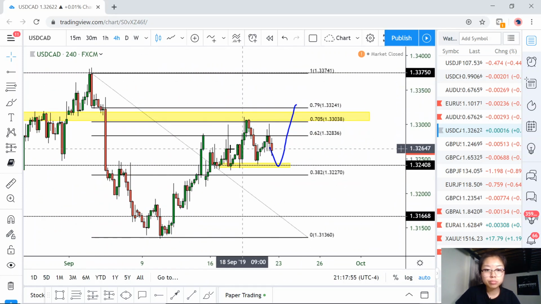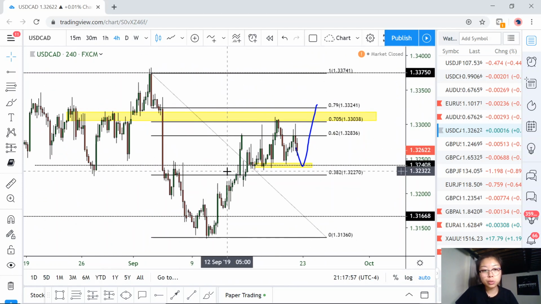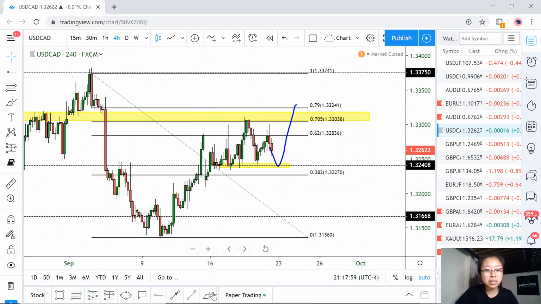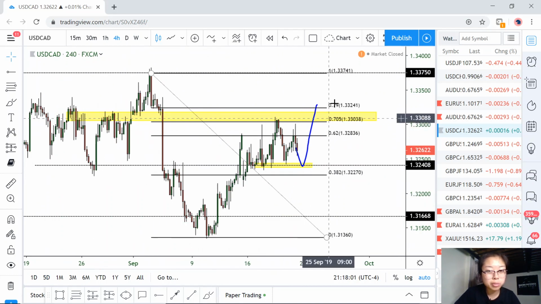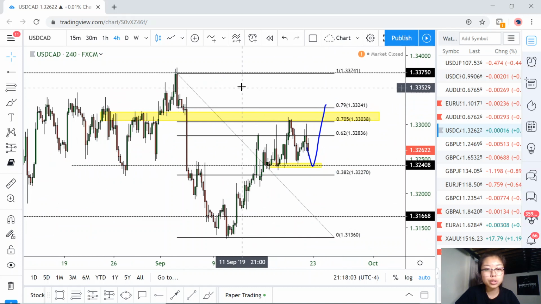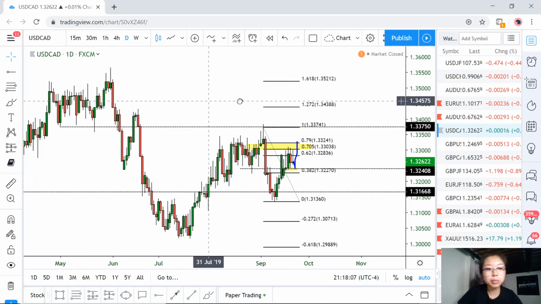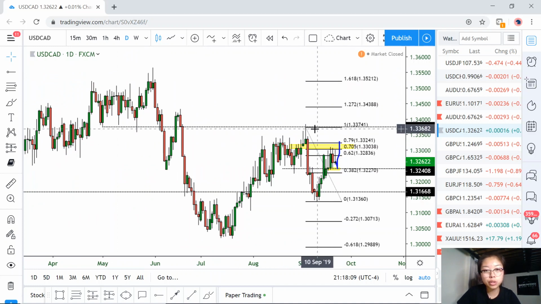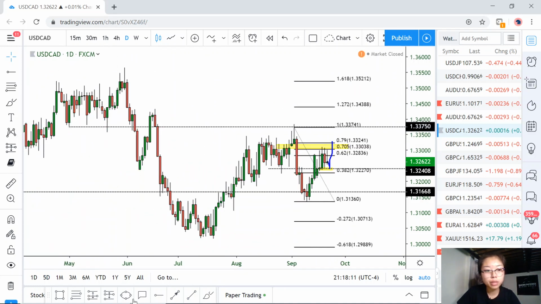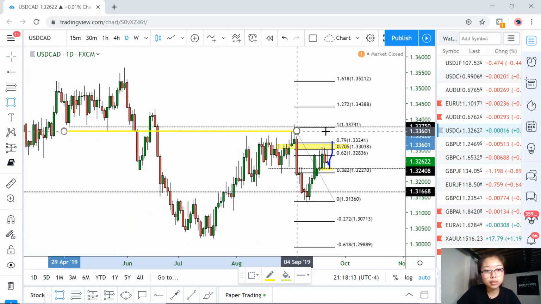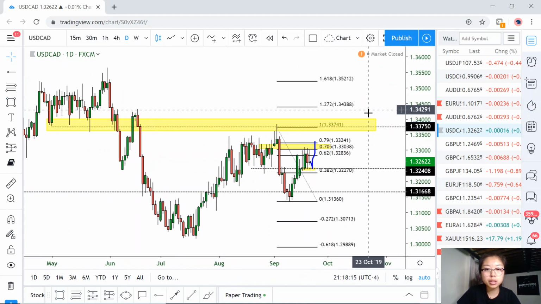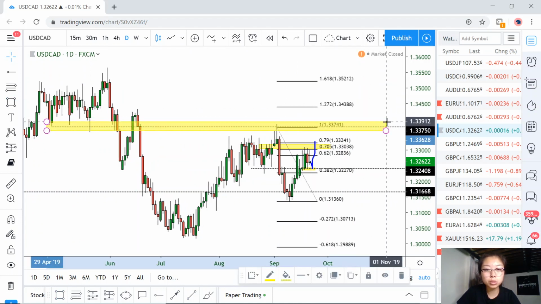So if this level holds, we might see somewhat of an upside move before we can enter short. Something around here. If the price is able to retrace and retest this little zone we have, that would be an optimal entry.